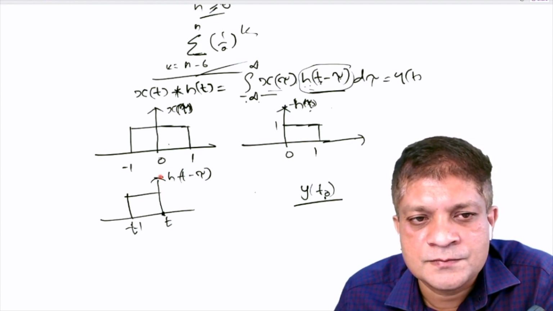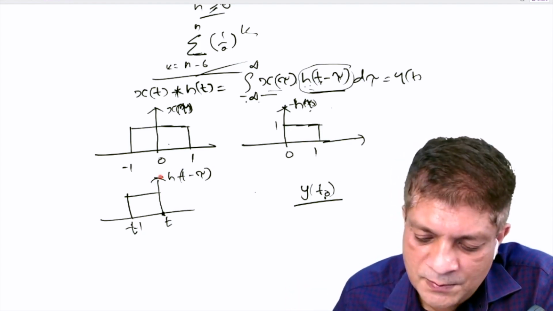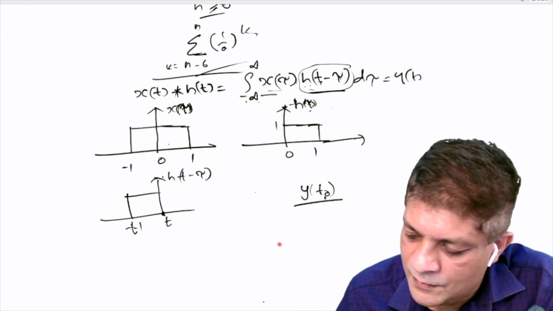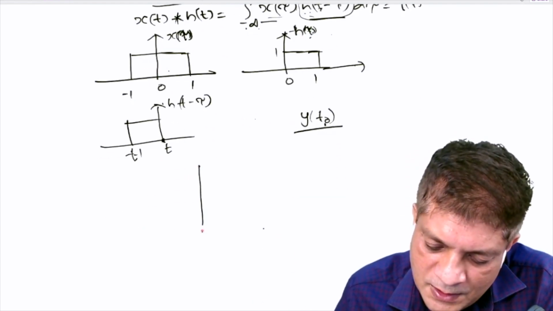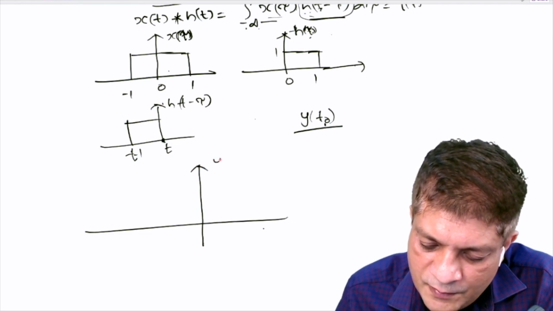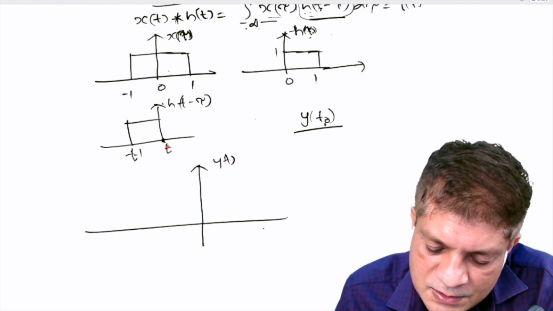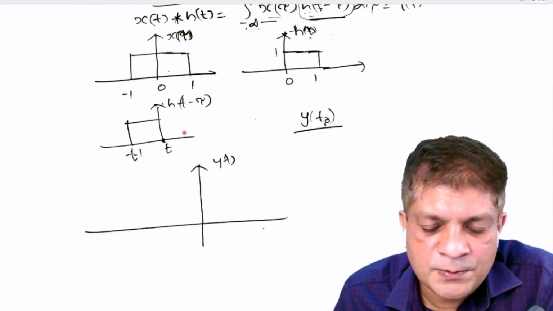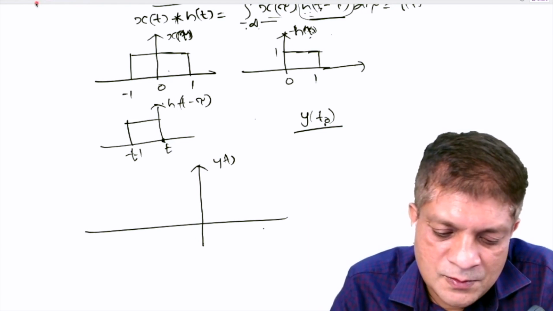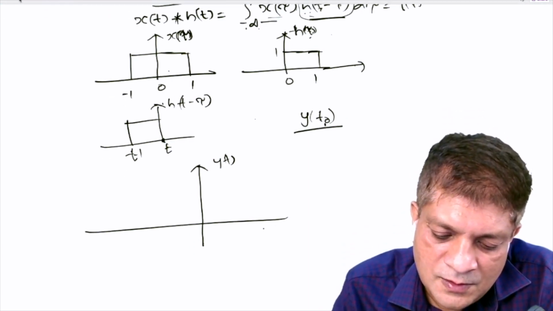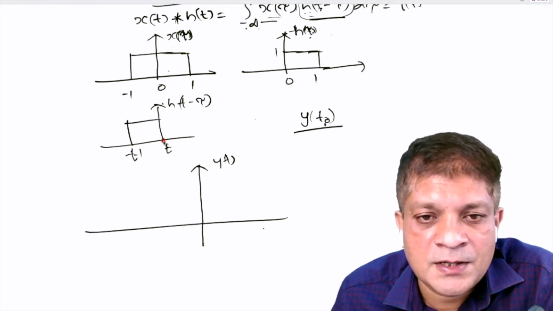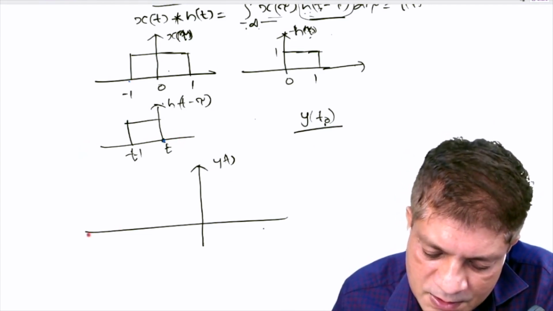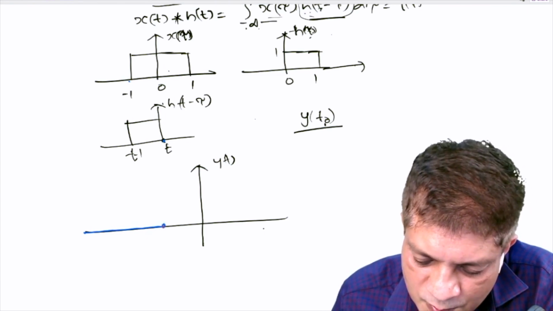Now tell me what will be the shape of that output signal. I am directly sketching that y(t). If we start this from minus infinity and move it towards the right, until which point will it be 0 output? Until this point reaches minus 1, the output is 0.